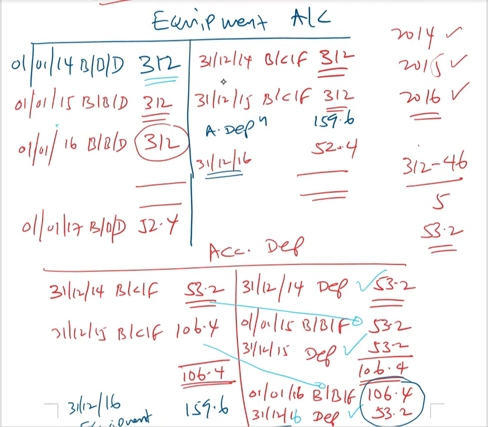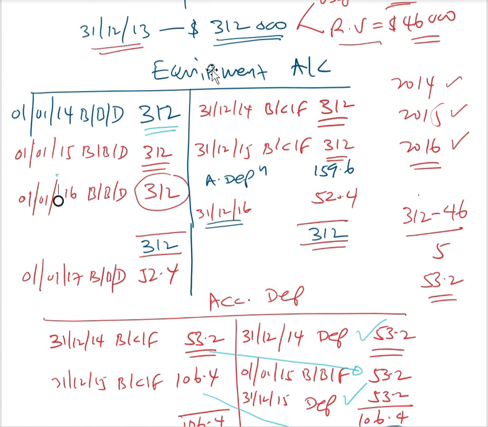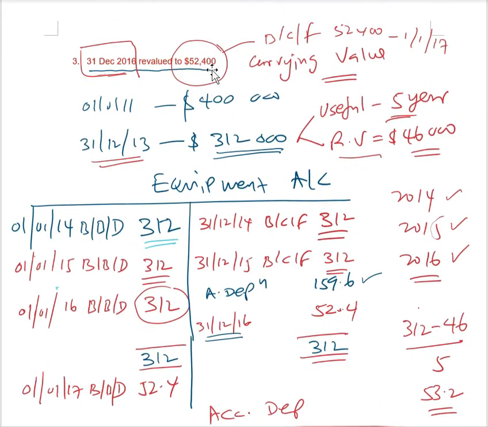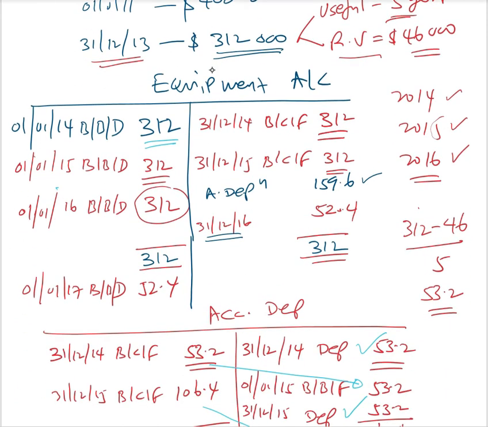So if you balance the equipment account, as you can see, the debit side is greater than the credit side. So 312 minus your accumulated depreciation. So this will be the carrying value, 312 minus 159.6, whereas you should carry forward the revalued amount of 52,400 to the next financial year.